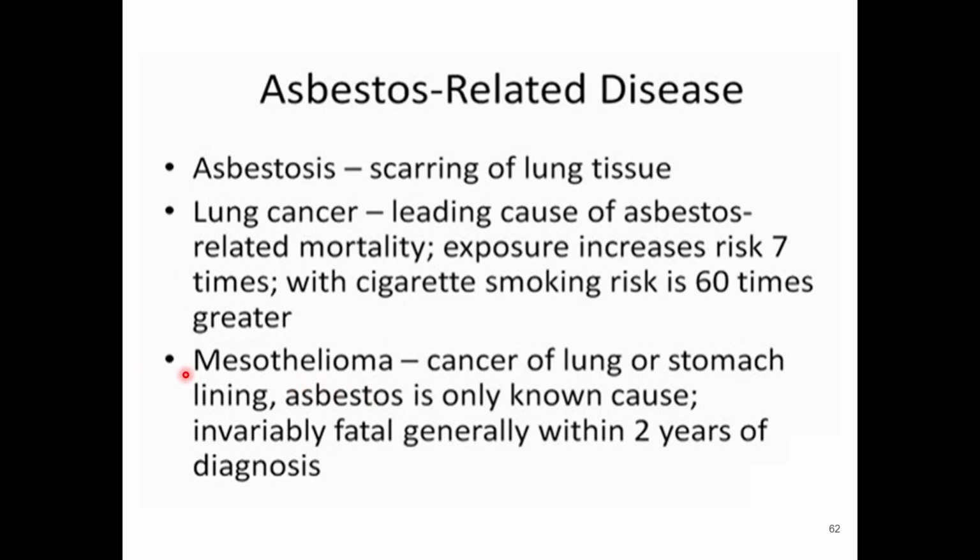It can also result in mesothelioma, which is a cancer of the lung or stomach lining. Asbestos is the only known cause for that, and it is invariably fatal, generally within 2 years of diagnosis. So if anyone is diagnosed with mesothelioma, the person can die within 2 years of that diagnosis. It is so dangerous.